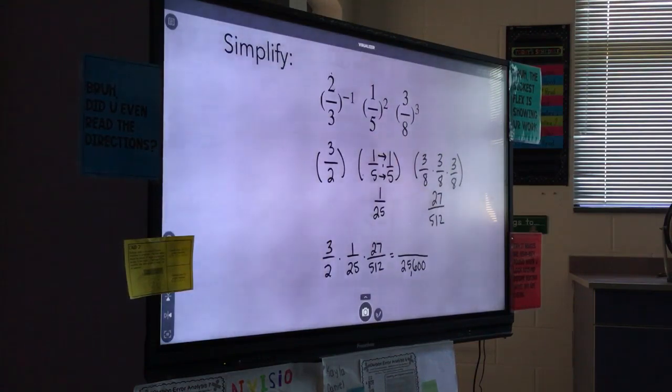Stand up when you have your answer. Now, don't worry about trying to simplify this or anything. Just get that top number, and then we're going to talk about it from there, okay?